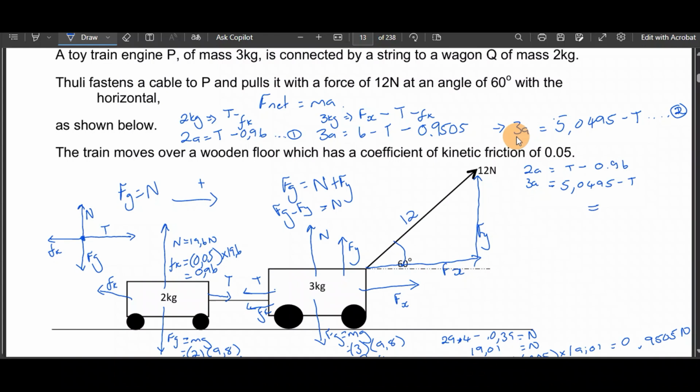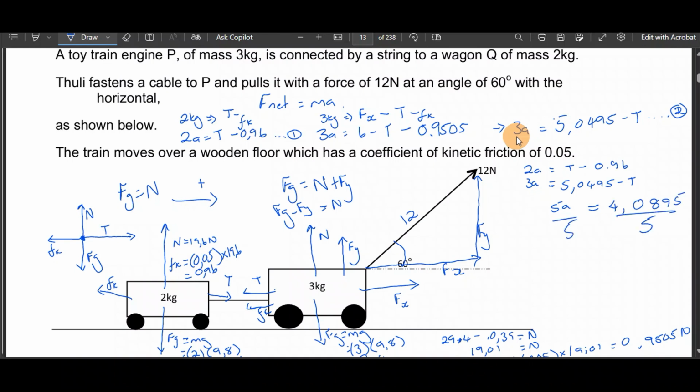That'll give me 5a. And then T minus T, that's 0. So now I have 5.0495 minus 0.96. Okay, I get 4.90895, and then I divide both sides by 5.